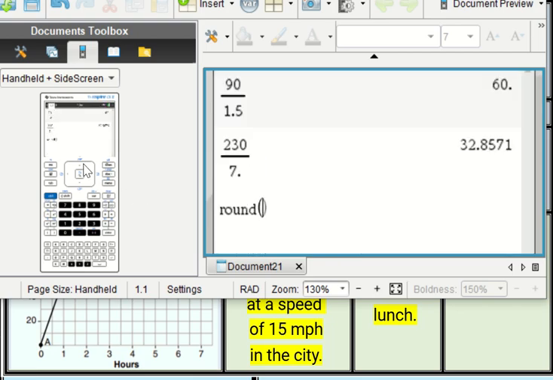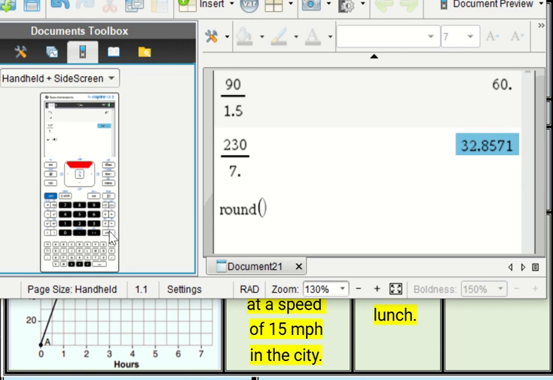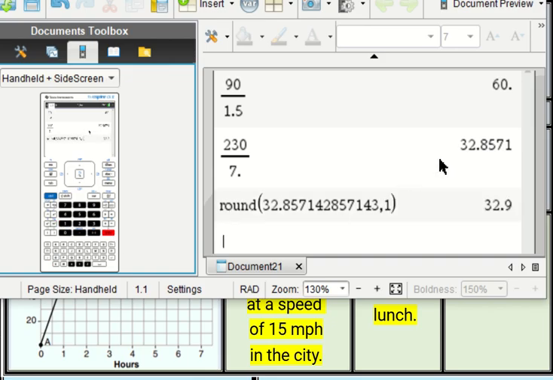So we're going to take that number that we calculated, and if I want to round to the nearest tenth, that's one place past the decimal. If it was hundredths, that would be a 2. If it was thousandths, that would be a 3. So I just put in a 1, tell it to round, and it tells me that that 5 tells the 8 to go up to a 9.